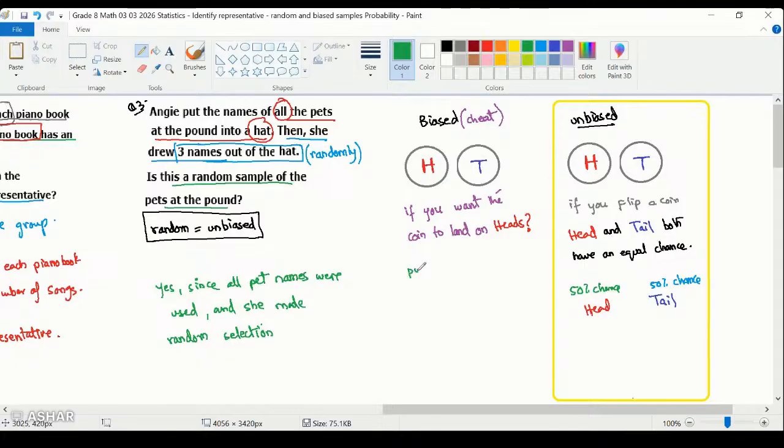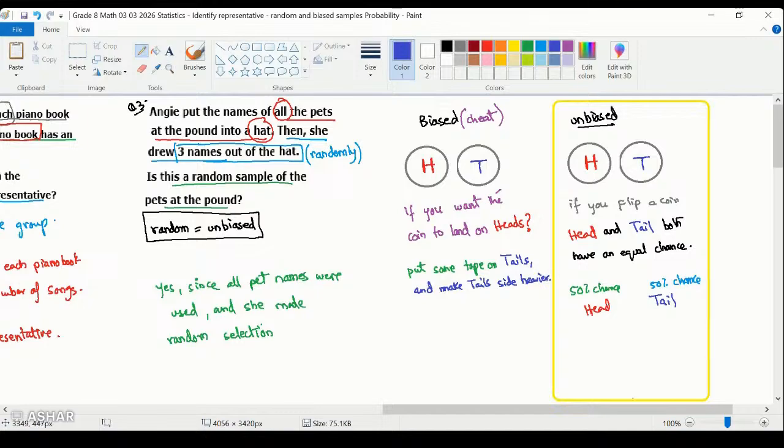Put some tape on tails and make the tails side heavier, right?